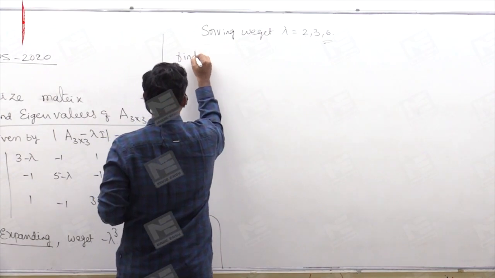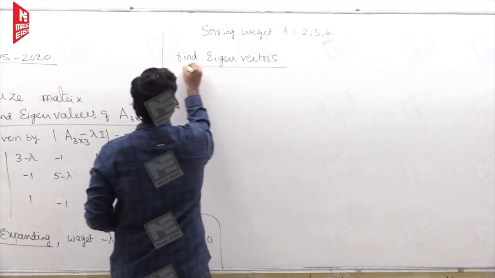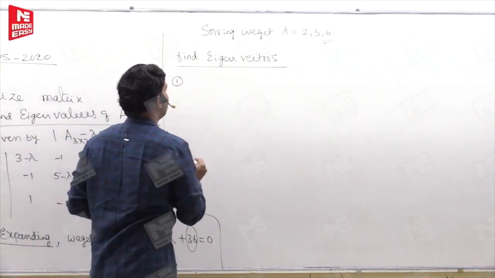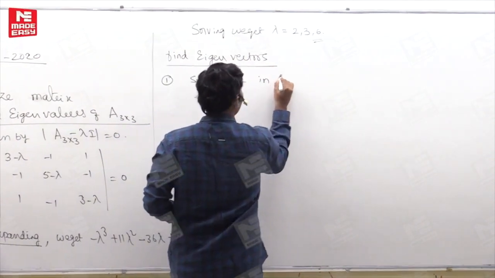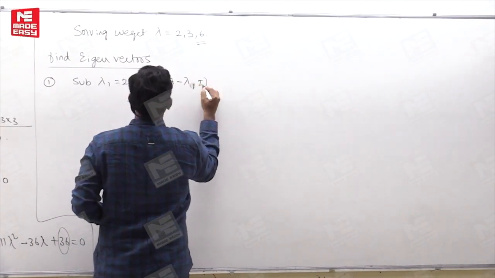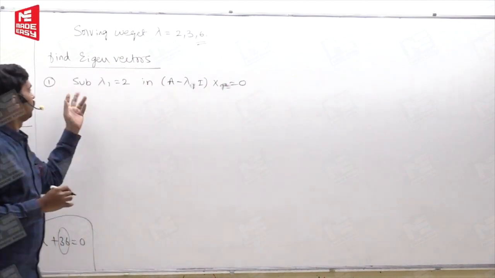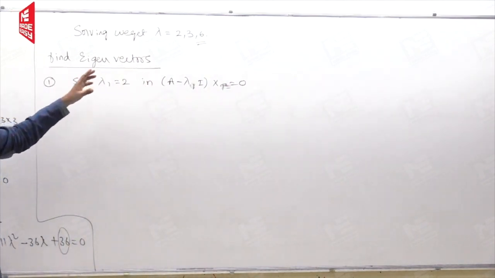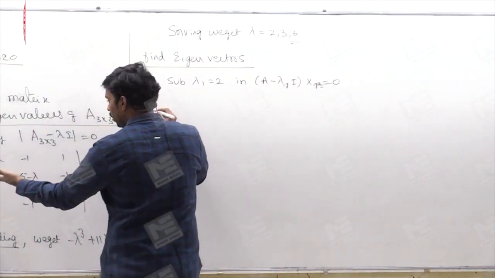Now find the eigenvectors. First, substitute lambda 1 is equal to 2 in A minus lambda 1 I into x1 is equal to 0. We all know that solving this kind of homogeneous equation gives us the eigenvector. What is A minus lambda I?